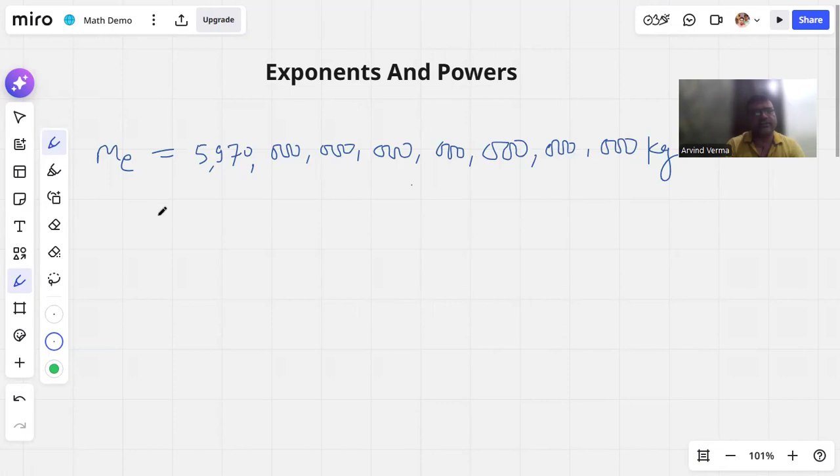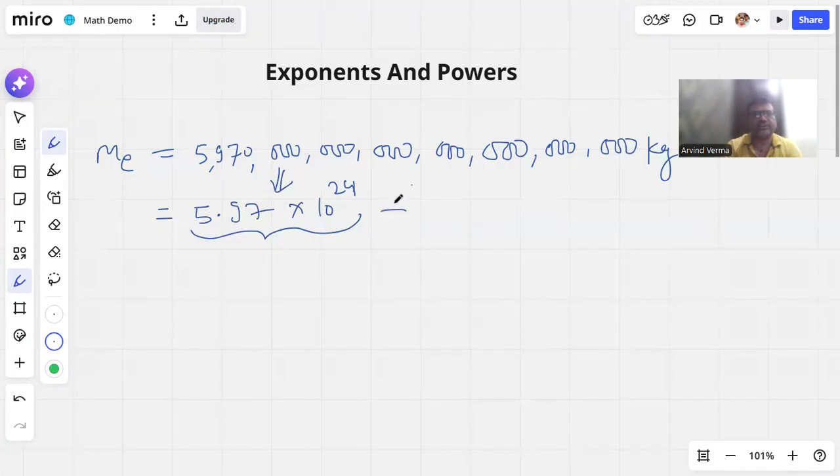And if I write it like 5.97 into 10 raised to the power 24, it is short and simple. I have written this in this form.